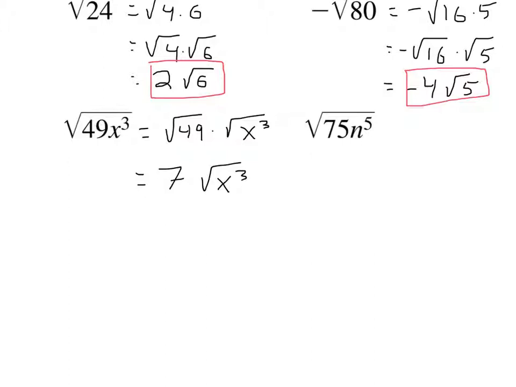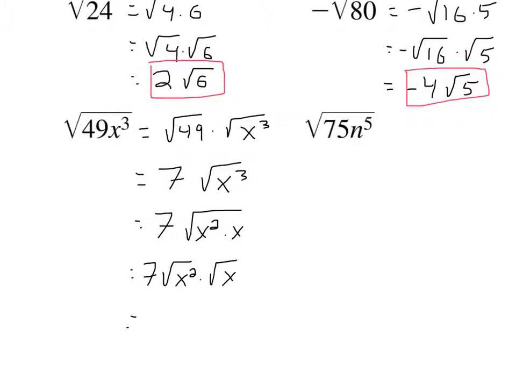Now there's a couple of ways to look at this. But the bottom line is we know that the square root and the squared cancel each other out. And so if I think about the square root of x cubed, I'm thinking about that as x squared times x as my radicand. Splitting that up, I've got the square root of x squared times the square root of x.